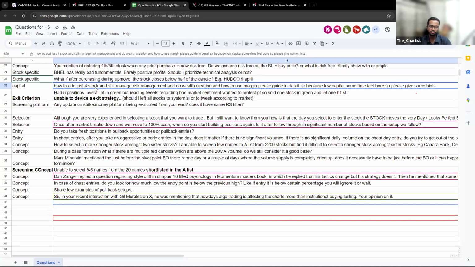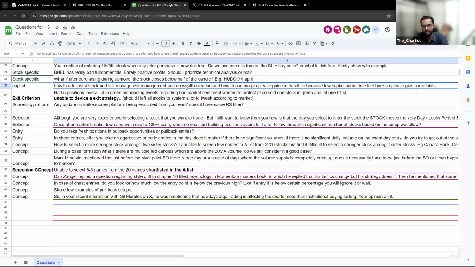You buy four stocks, 0.25% risk each, so total risk will be 1%. That's how you manage risk. Wealth creation is not the purpose initially, sir. Your purpose is to test the market condition. Wealth creation is done in a healthy market if you are a long only trader.